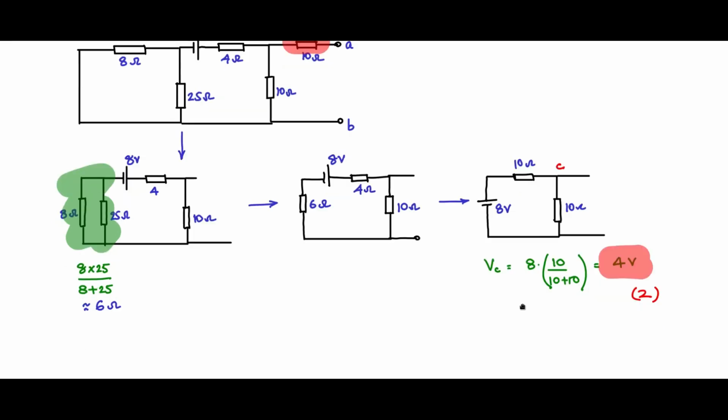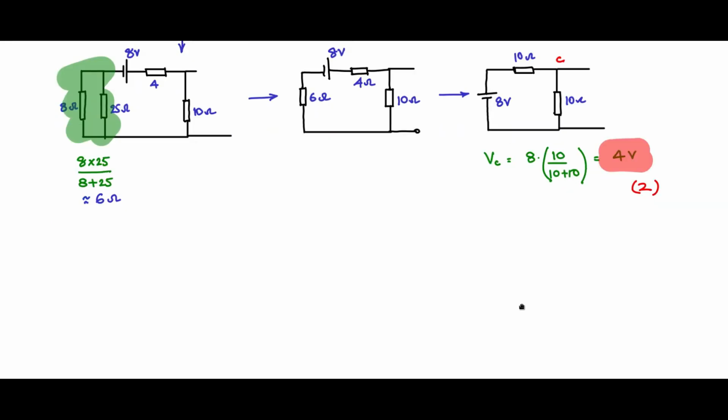Now we can apply the superposition theorem and find out Thevenin's voltage, which is 1 plus 2, which is 3.7 volts plus 4 volts, which is 7.7 volts. So this is the Thevenin voltage. We have found out the Thevenin impedance, Thevenin resistance, and also the Thevenin voltage.